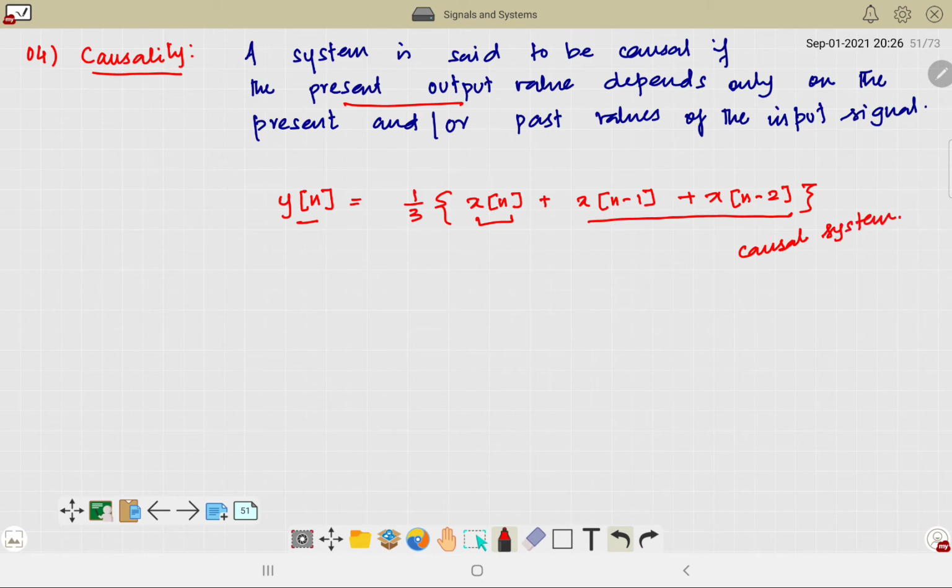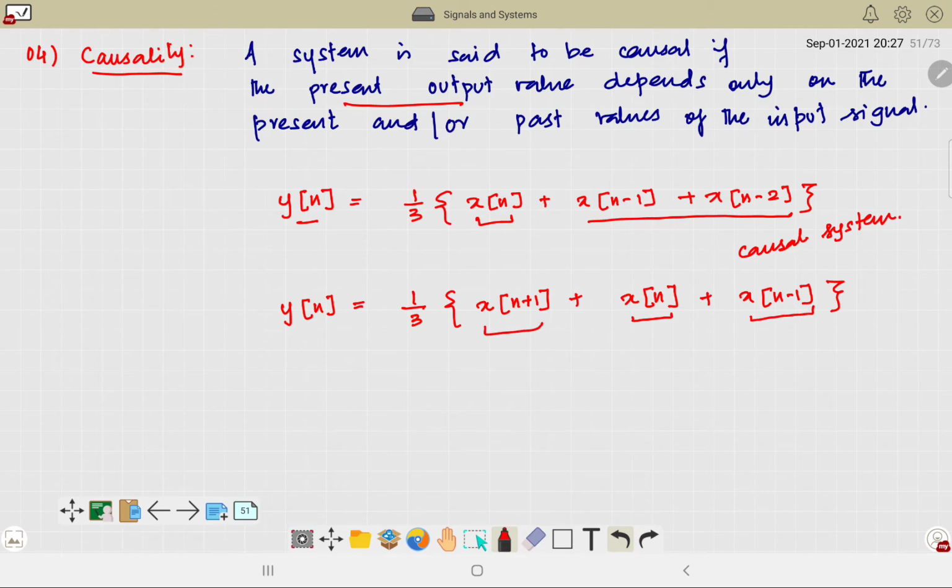So if I modify the same moving average system like this, 1 upon 3, I am taking a future sample x of n plus 1, a current sample and a previous sample. Fine. Now it depends upon the current sample, it has dependency on the previous sample, but there also exists a future sample, n plus 1, in the equation.